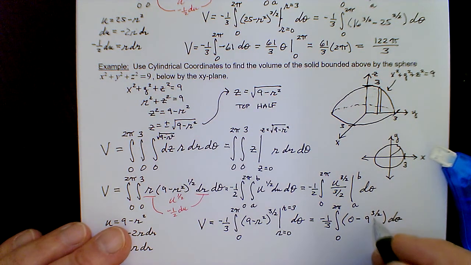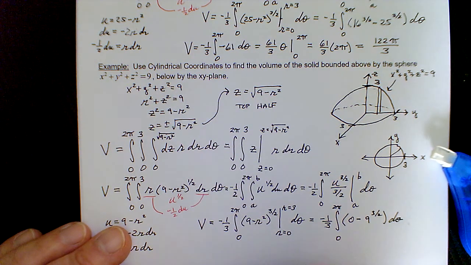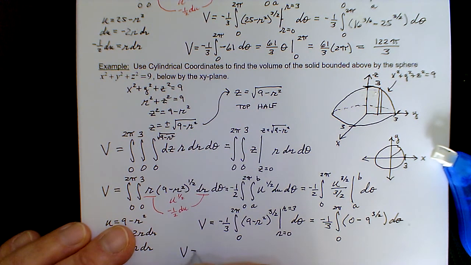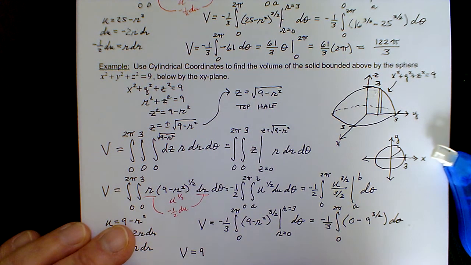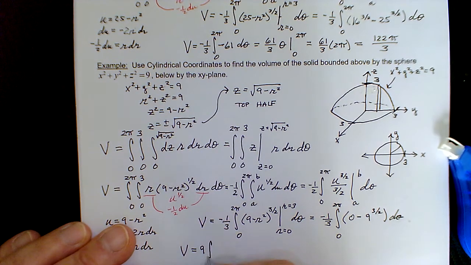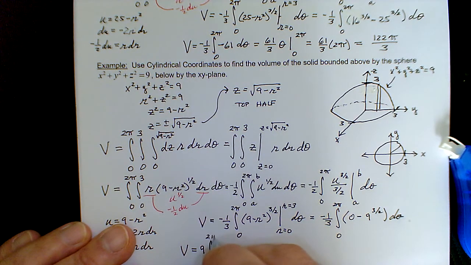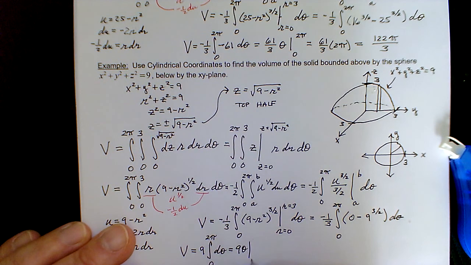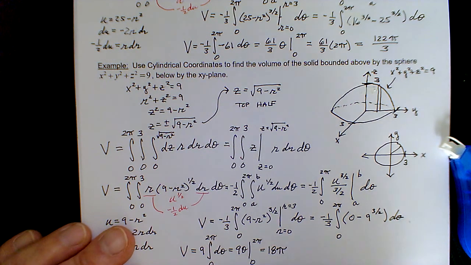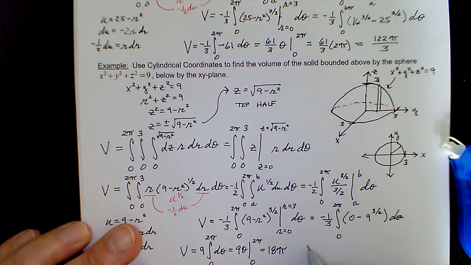Okay, 9 to the 3/2 is 27, and 27 times negative 1/3 would be negative 9, so minus negative 9, positive 9 times the integral from 0 to 2 pi of just d theta, which is 9 theta from 0 to 2 pi. Upper limit gives 18 pi, and lower limit gives us 0. So we get 18 pi.